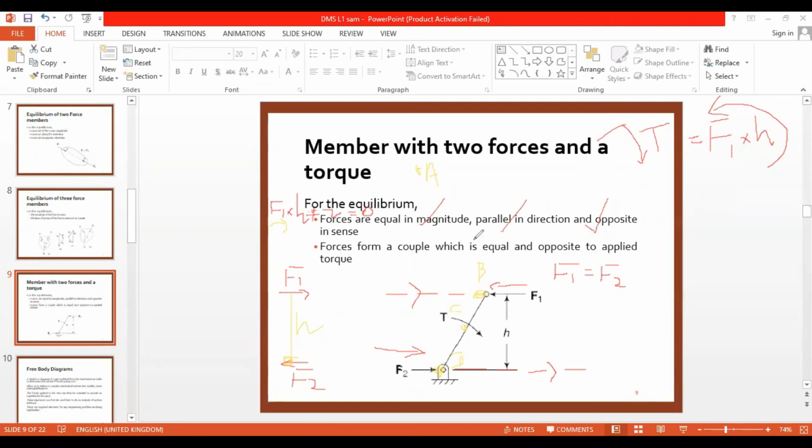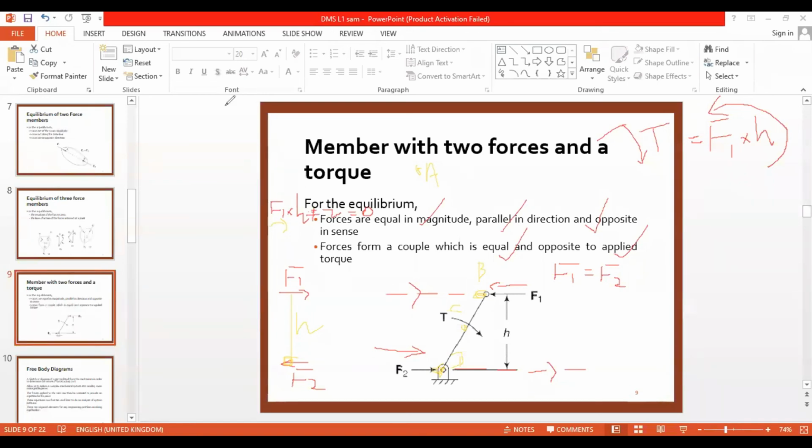So that's what is meant by this sentence. Forces form a couple which is equal, right? Equal in the sense torque should be equal to F into H, and opposite. So if this is going in the clockwise direction, this should be going the anti-clockwise direction, to the applied torque. If these two sentences are fulfilled, then a member with two forces and a torque will be in equilibrium. So this is a third condition.